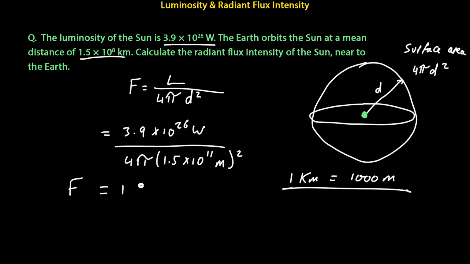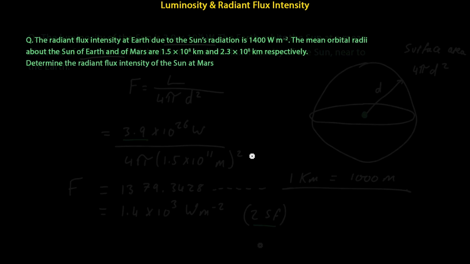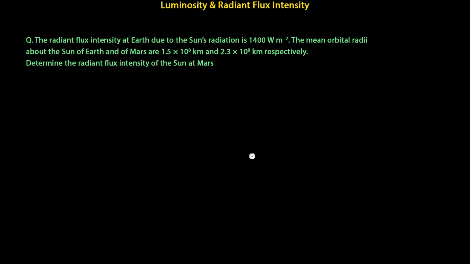So we get a value of 1.379, 0.34 and so on watts per meter squared, but because our values here in our question are only accurate to two significant figures, our answer can only be accurate to two significant figures. So I've rounded this up to 1.4 times 10 to the 3 watts per meter squared. The radiant flux intensity at Earth due to the sun's radiation is 1.4 times 10 to the 3 watts per meter squared, to two significant figures.